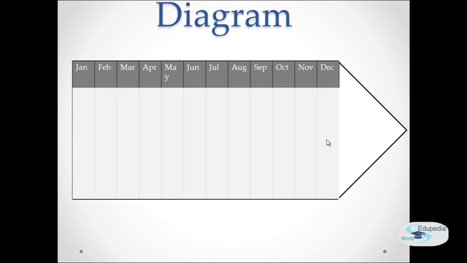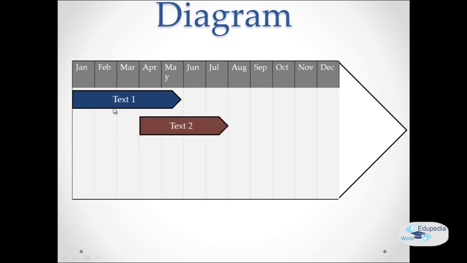Then this is another example. We have distributed it month-wise instead of year-wise, and then you can show the horizontal bars where it's written text 1. You can describe the list, or you can write the name of the subtask or the process here. It will give you an idea that this process will take place during this duration.